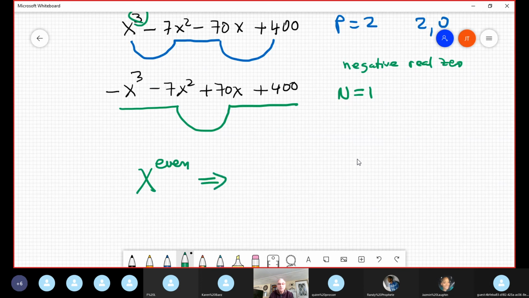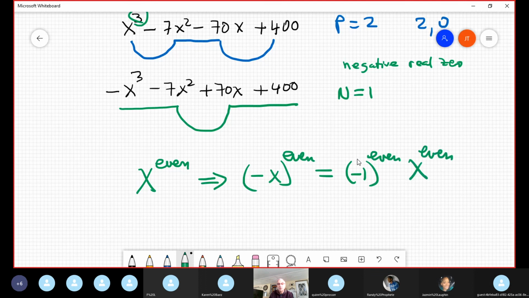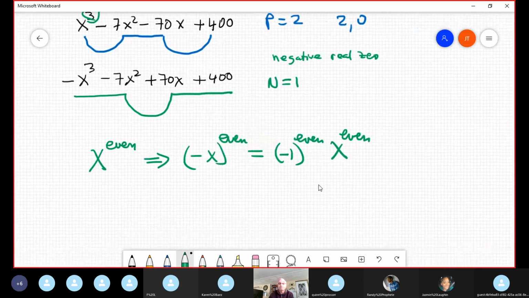And (-1) to the even number is +1, and +1 is invisible. So, unbelievable, it stays the same. And this is logical because it's an even function.